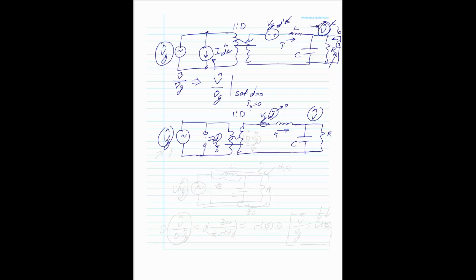Okay? So now we have our circuit and we need output to input. Well, that's pretty easy because now what is the voltage that I see across here? That's just the turns ratio D times V sub G hat. You could redraw it nicely if you like. You have this AC, that's DVG hat, and you come into this low pass filter.